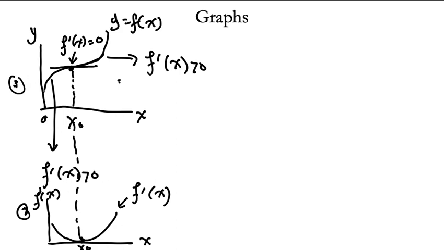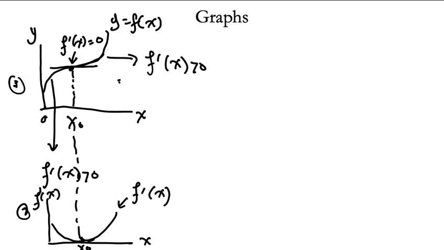Okay, but the curve of 1 is increasing. That means graph 1 between 0 and x naught is increasing, but the slope decreases. On the other hand, after x naught, graph 1 is upsloping and the slope is increasing.